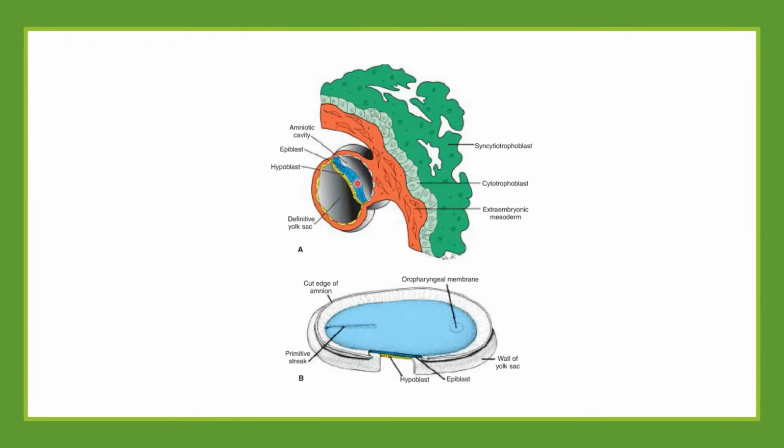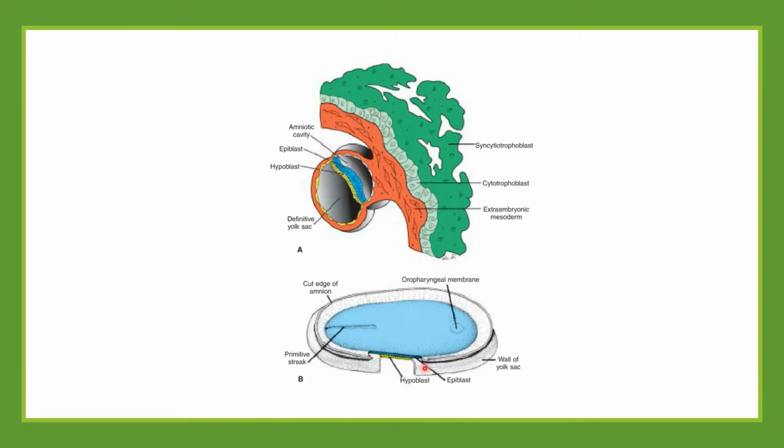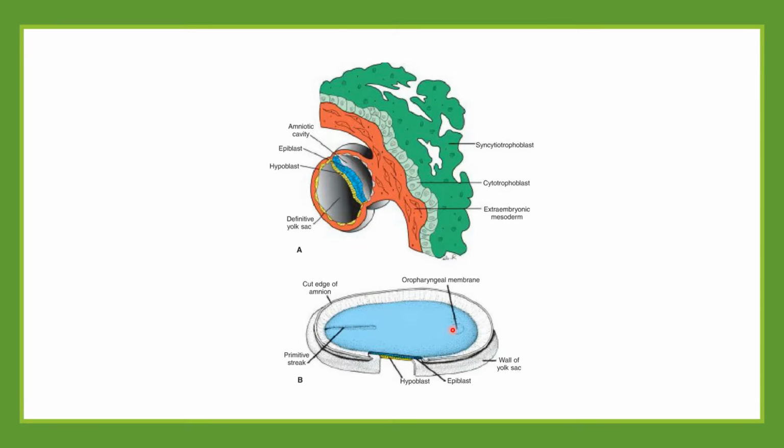This is the one that's going to give rise to all three germ layers: ectoderm, endoderm, and mesoderm. That's what's going to happen. And as we discussed, hypoblast cells sort of fuse with the epiblast cells, which are more columnar in nature, and they basically make something called the oropharyngeal membrane, also called the buccopharyngeal membrane.